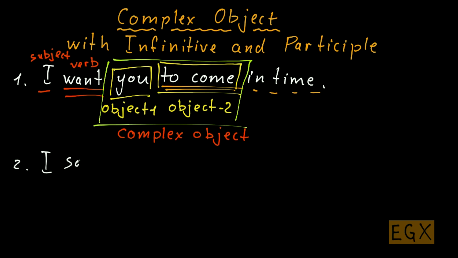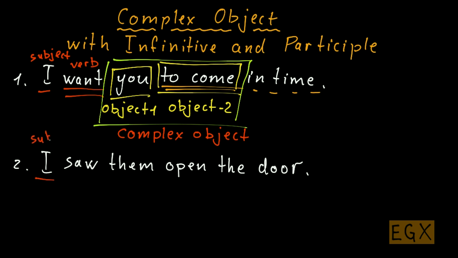Let's take another example. I saw them open the door. So, what do we have here? We have subject, like this. We have verb. This is my verb.